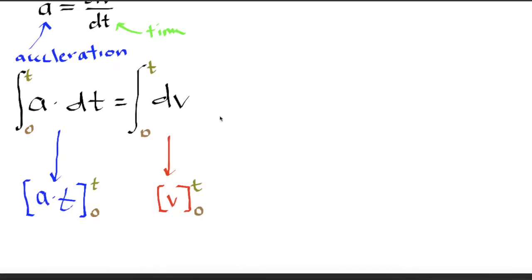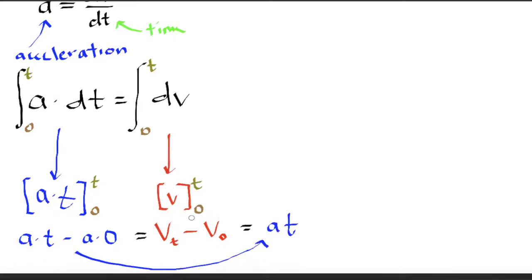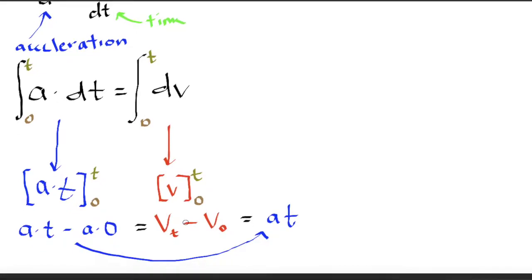Now the left side would just simply be a times t minus a times 0 when we plug the variables in. And the right side would be vt minus v naught. vt is the velocity at time t and v naught is the velocity at time 0, which is the initial velocity. Simplifying the left side of the equation, we get at.